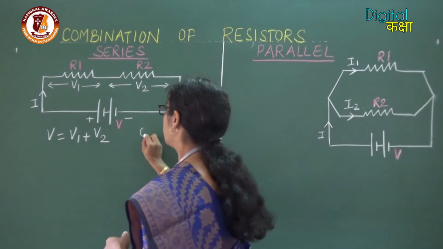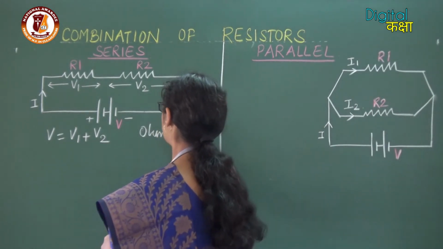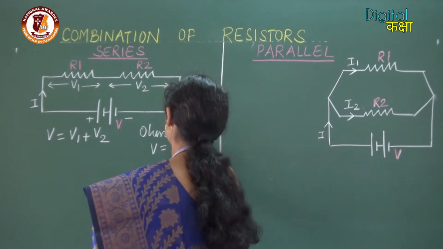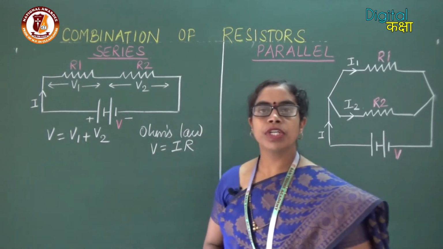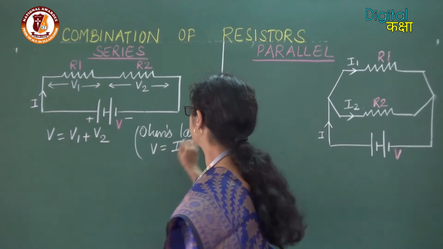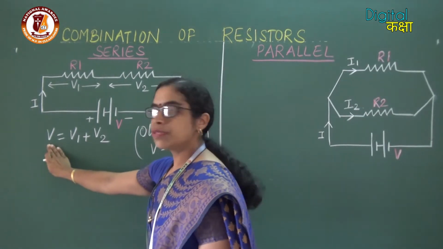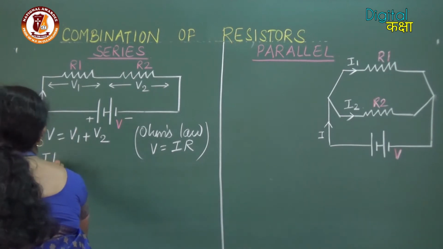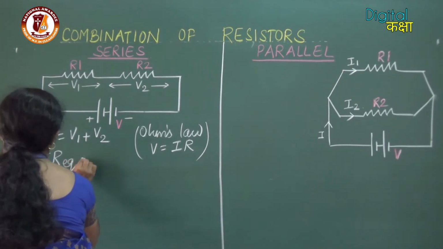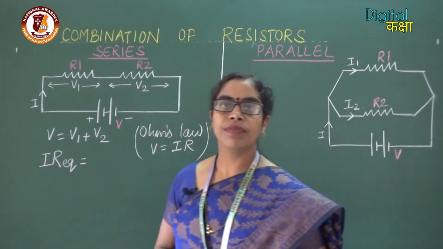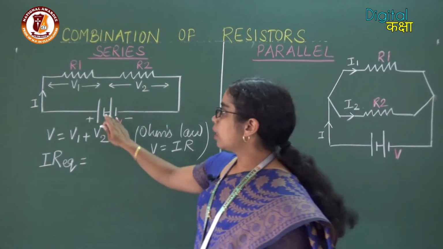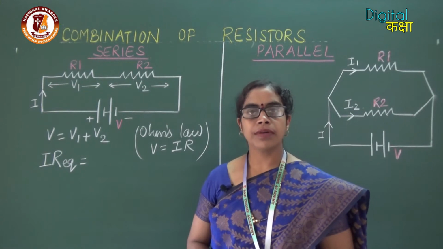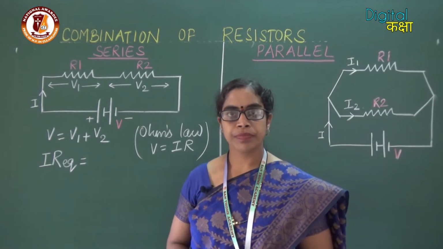Now we use Ohm's law, according to which V is equal to I into R. Here, V will be substituted as I into R equivalent. The current I flows in the circuit from the positive to the negative terminal of the battery.